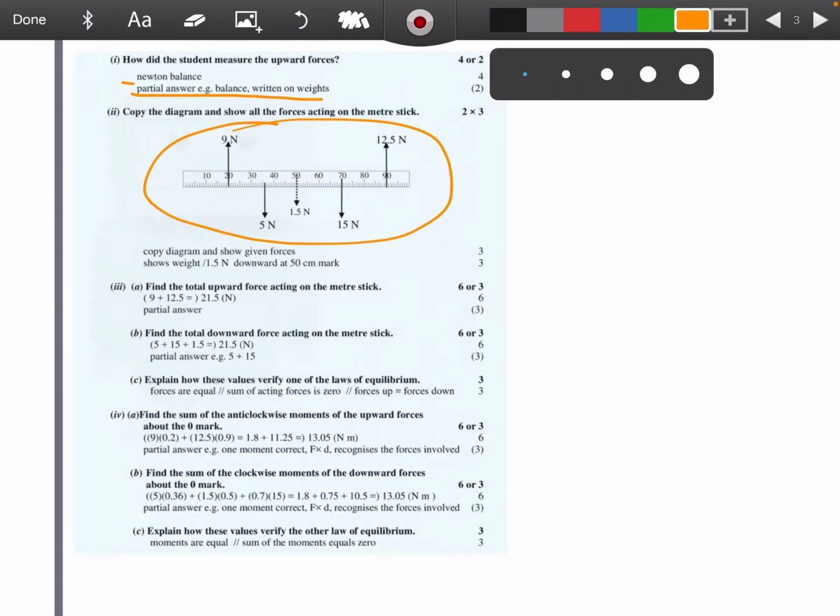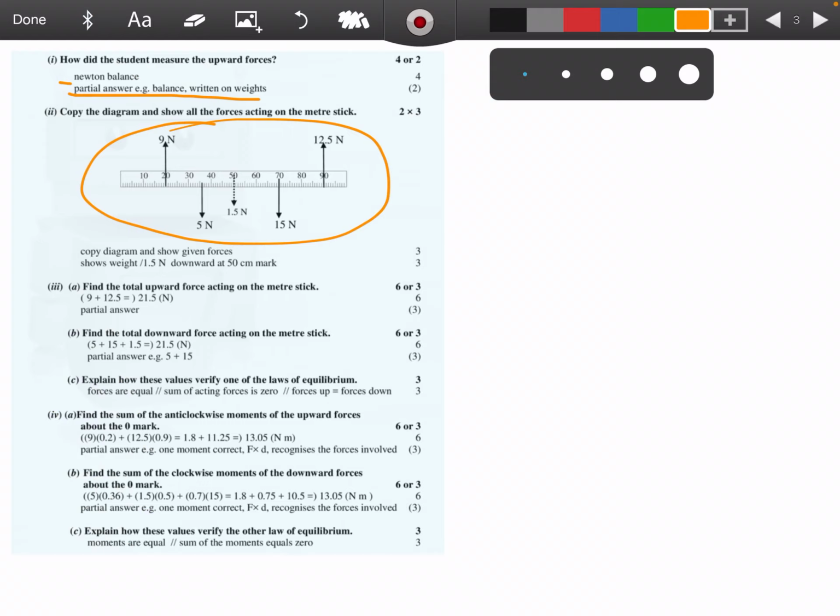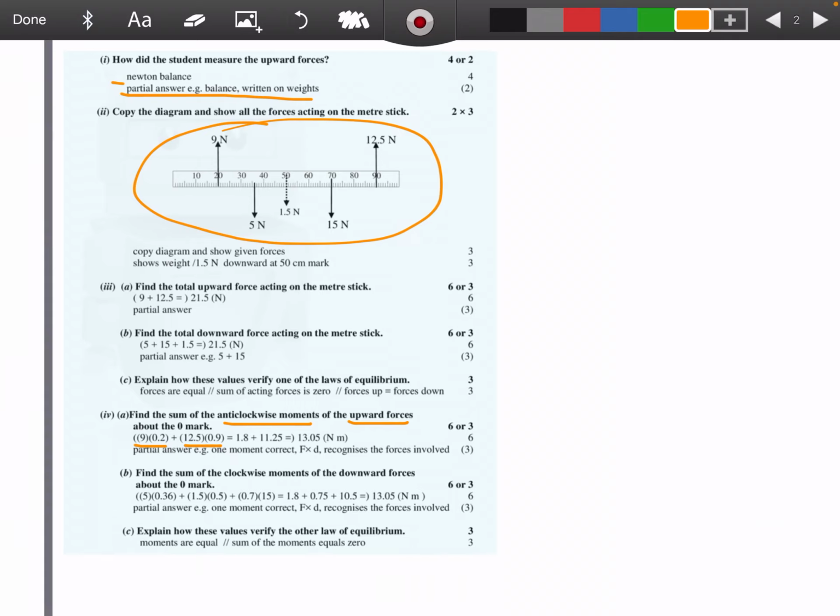So let's have a quick look. Okay, and sometimes it's a bit counterintuitive, but we'll take our time and we'll get there. Okay, so you can see the anti-clockwise moments of the upward forces about the 0 mark. So you've got the 9 by 0.2, and we've got 12.5 by the 0.9. So if you think about these, let's go back to the bigger diagram.